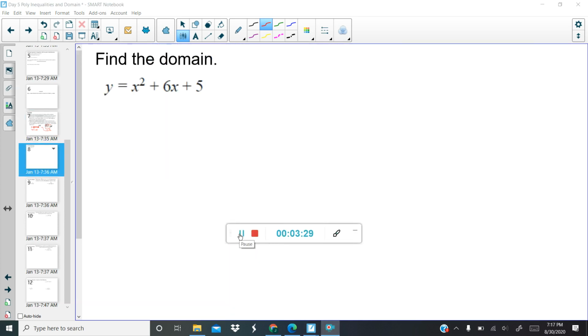We're just going to go through a few different examples here. Remember that the only two restrictions are when x is in a denominator or under an even root. In this case, all you have is y equals x squared plus 6x plus 5. There wouldn't be any restrictions.